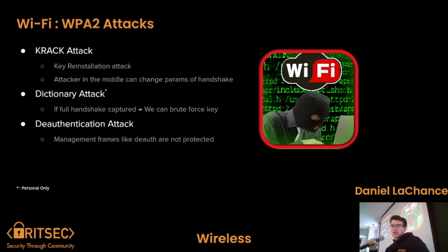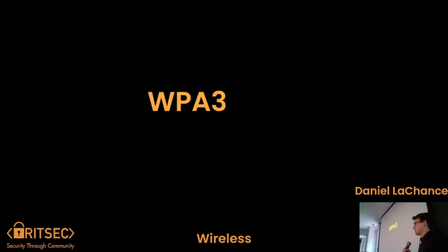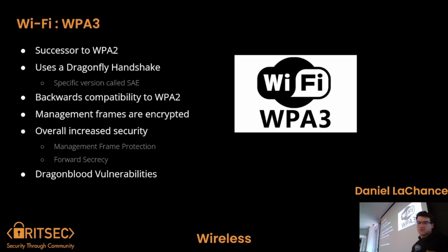So yeah, WPA3. Man, WPA3 is awesome. Finally, guess what? Management frames are encrypted. Oh yeah, super exciting. It overall just increases security. It has a much more intense handshake. It's no longer four-way. It's called the Dragonfly handshake, and I think I have a slide on it, so I'll save that for a minute.